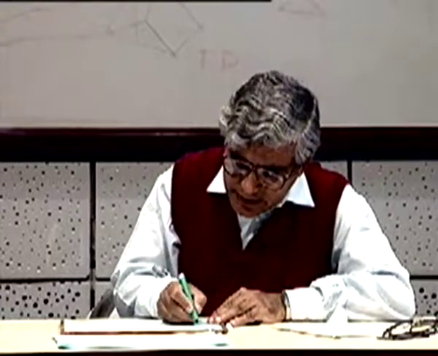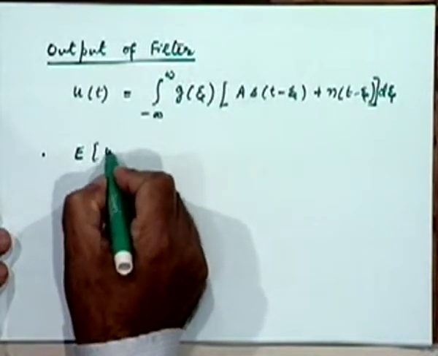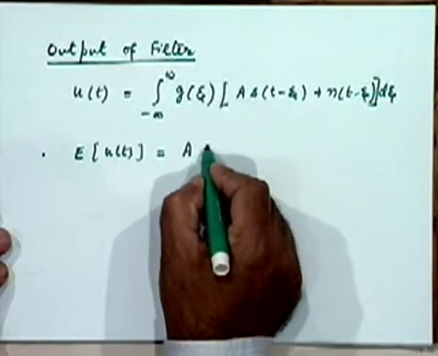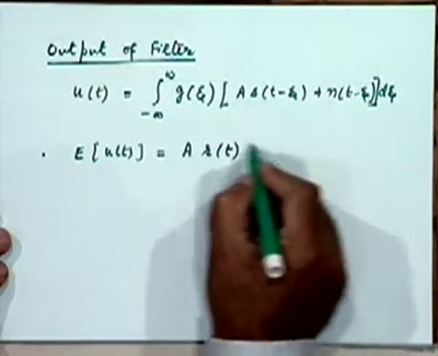So first, let me just introduce some notation. The mean value of u(t) I am going to denote by some A times r(t). It is just a notation.